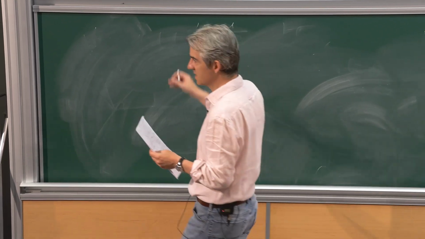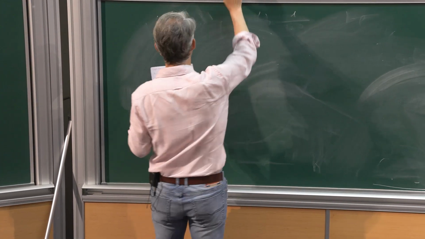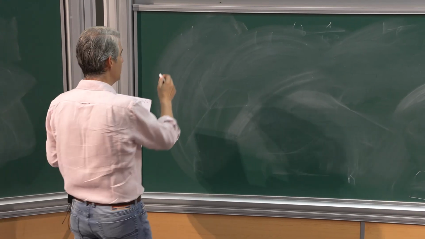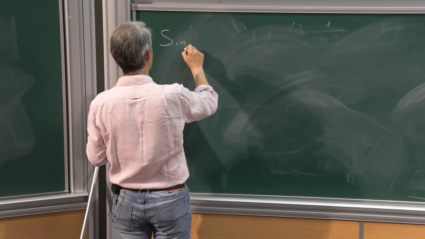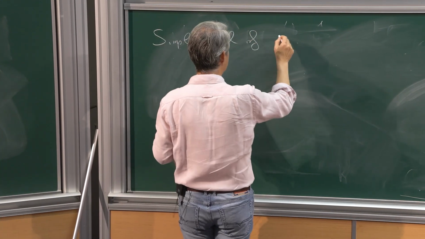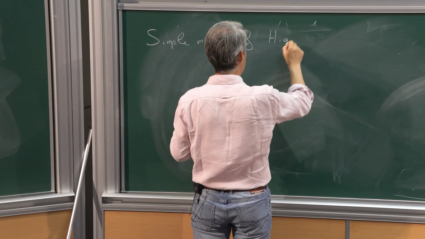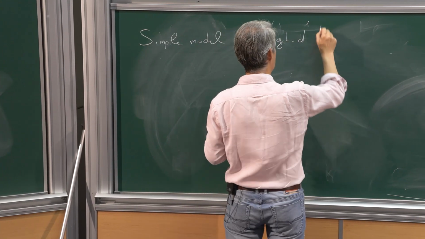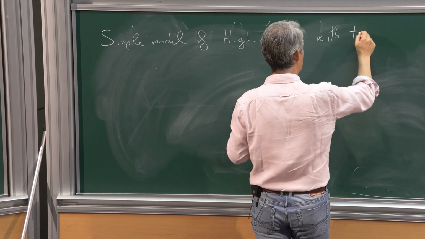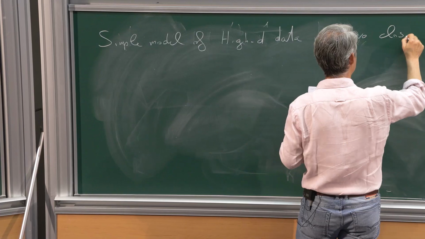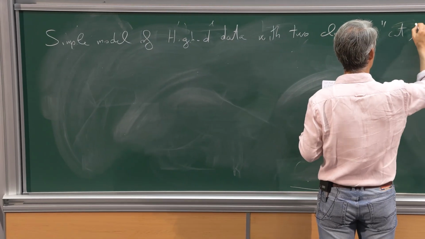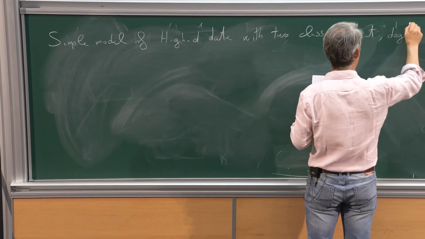So what I'm going to do is study a simple model of the problem that I gave you: a simple model of high dimensional data with two classes. The two classes correspond, quote unquote, to the cat and the dog that I described before.